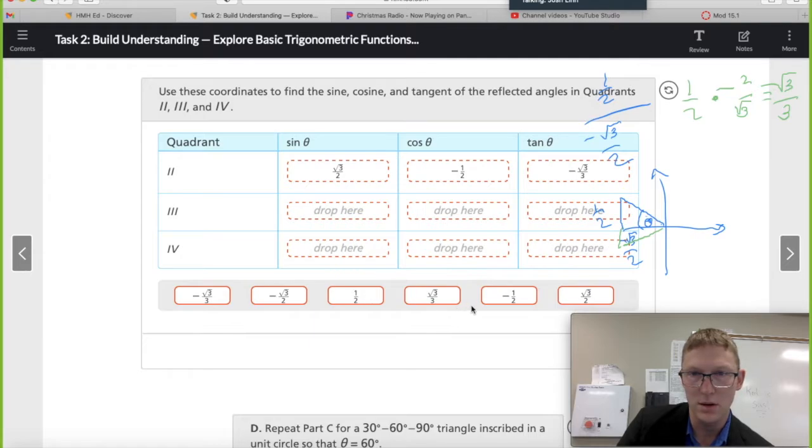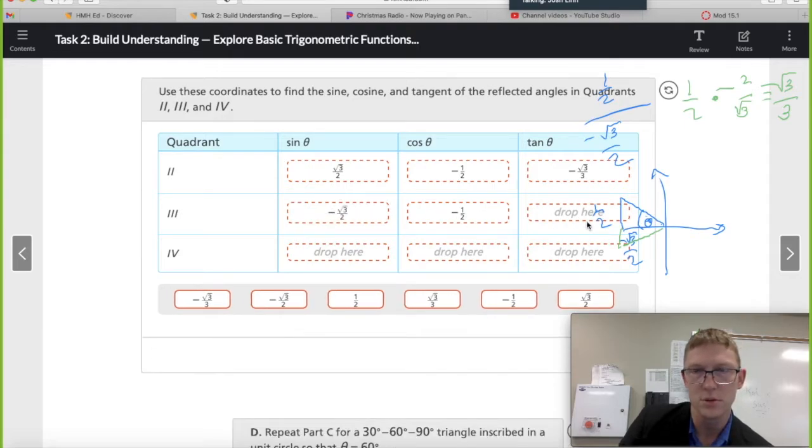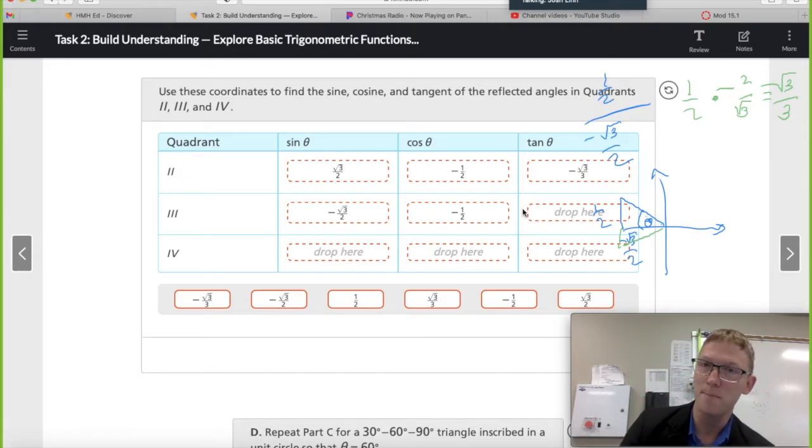So let's see here. Okay, negative 1/2, negative 3 over 2. And then tangent would be negative? No, that was a trick question, because think about it. In this case, you're going to have negative divided by another negative, so it's going to be the same number, just positive now.